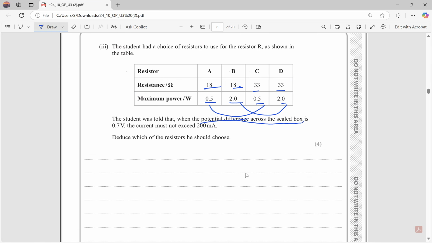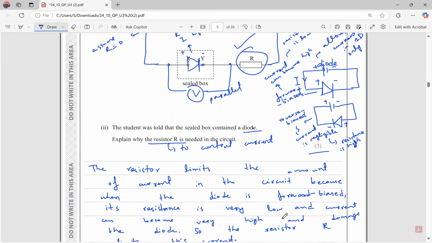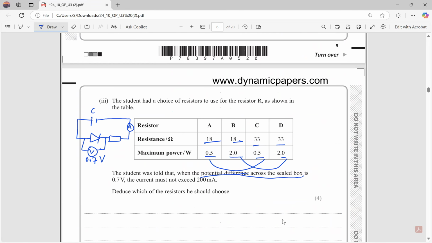It's 0.7 volts. I'll just draw the circuit here. So this is a diode, and this is the resistor, the ammeter, and this is the voltmeter. So we are told that the potential difference across the sealed box is 0.7 volts. So this is the potential difference here. From the first part, we already know that the voltage of the battery was 6 volts.